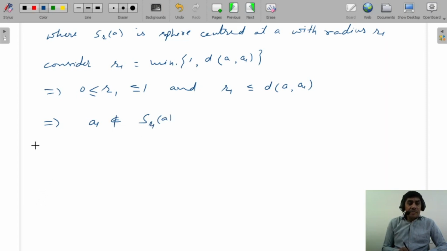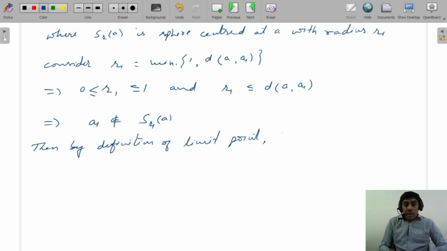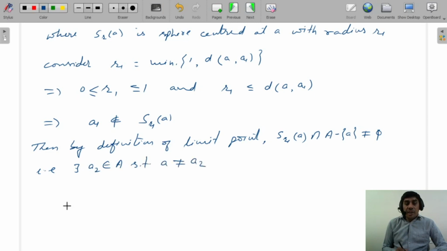Then by the definition of limit point, S(a, r1) intersect A minus {a} does not equal phi, that is, there exists a2 belongs to capital A such that a2 does not equal a.